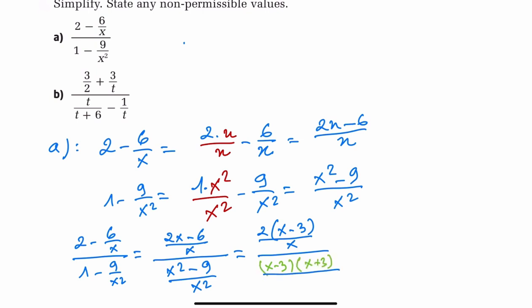divided by x squared. Okay, so I have two divisions. I can change them to the opposite, a multiplication. So it will be 2 times x minus 3 divided by x, times the opposite of this one. So I will flip this one.